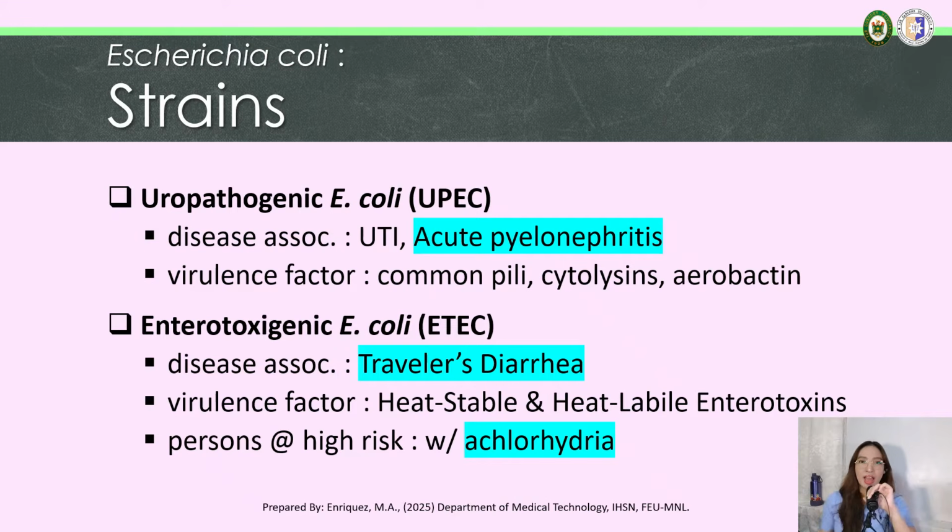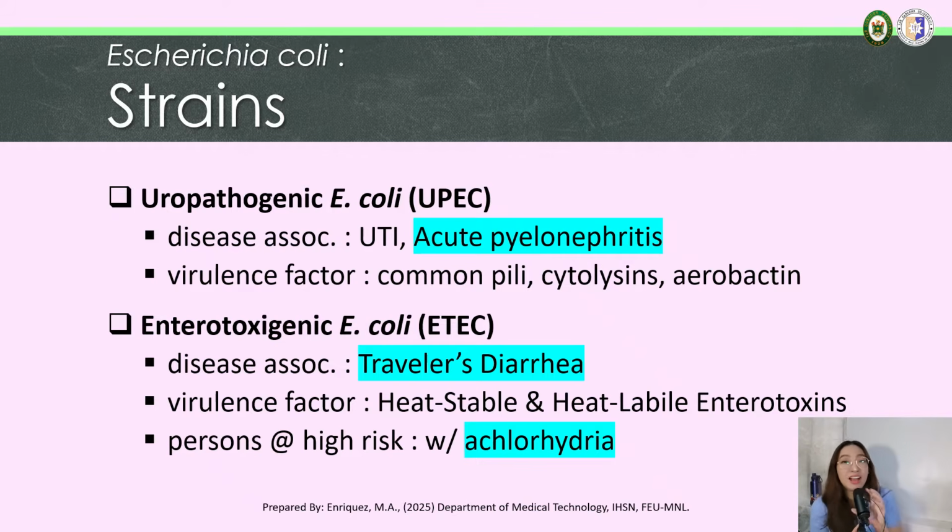The preferred habitat of ETEC in the human body is at the proximal region of the small intestine. Also, take note that people who are suffering from achlorhydria are the population who are at most risk for acquiring the infection from the ETEC strain.